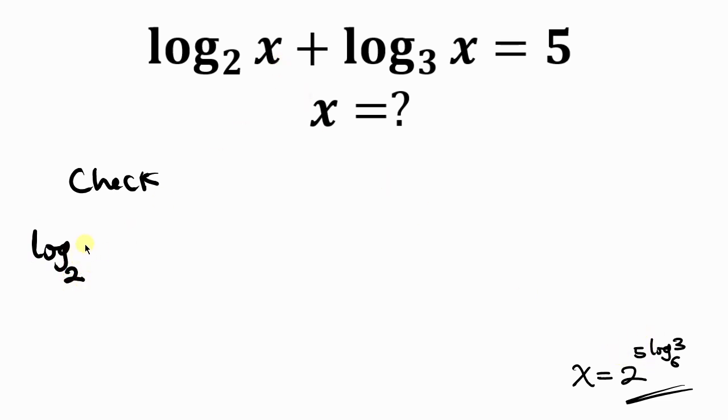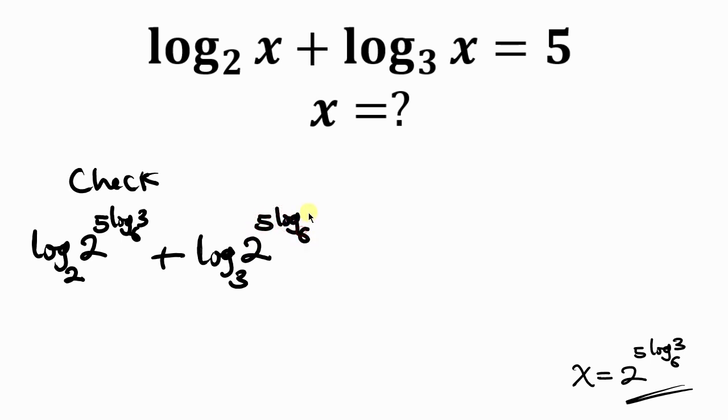Our X is 2 to the power of 5 times log base 6 of 3. Good. And then plus, this is log base 3 of X. X is 2 to the power of 5 times log base 6 of 3. Now we're checking if the left hand side will be equal to the right hand side, that is 5.